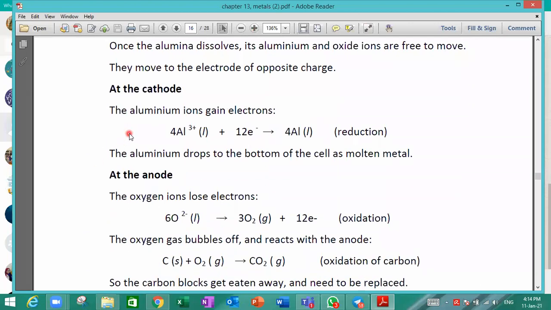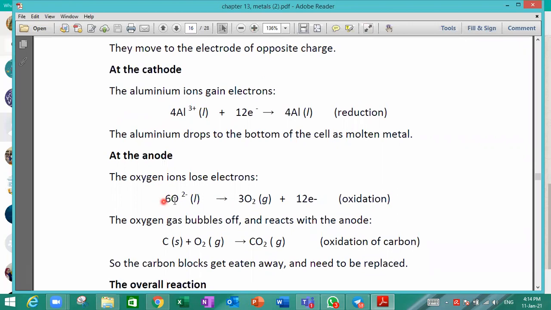So these are the reactions that are taking place at the anode. 6 oxide ions would give 3 oxygen molecules plus 12 electrons. And at the cathode, aluminium ions would react with electrons to form aluminium metal.